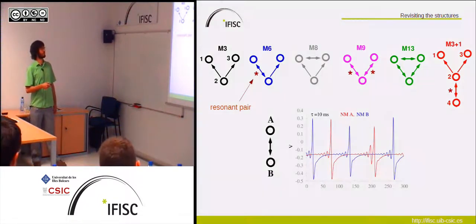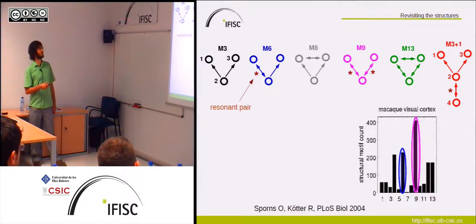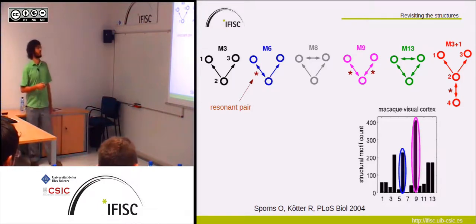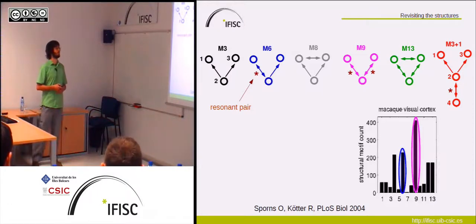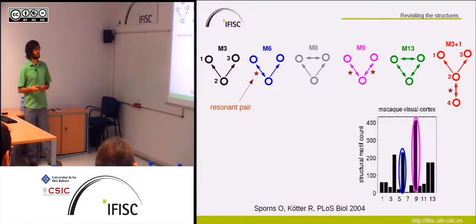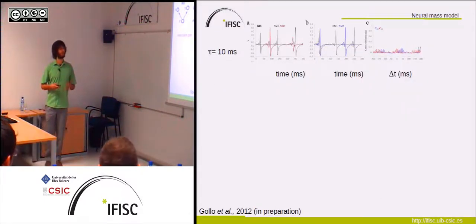We claim that the presence of this resonant pair is important and would enhance the synchronization of nodes 1 and 3. And coincidentally, motif 9 is the motif that appears most often in the macaque visual cortex, and motif 6 is the motif that occurs second most often. So perhaps these two motifs share some important dynamics for the cortex, for the brain. We'd like to understand this better.